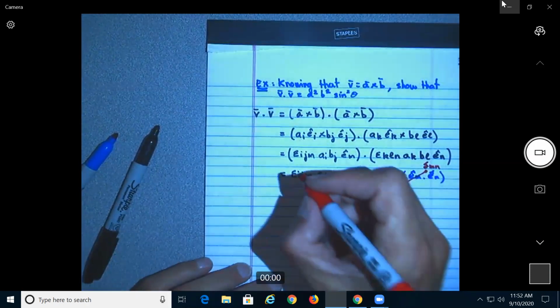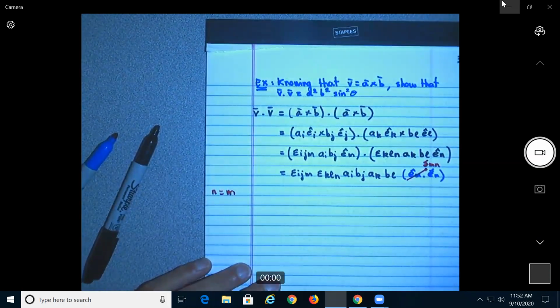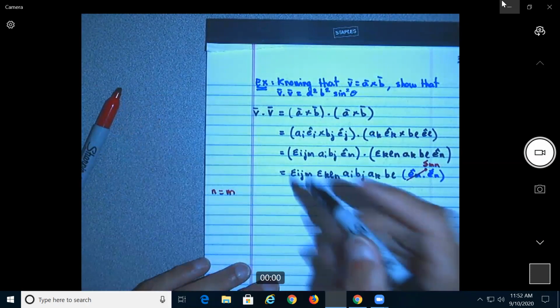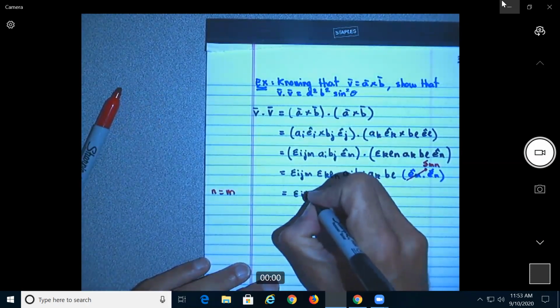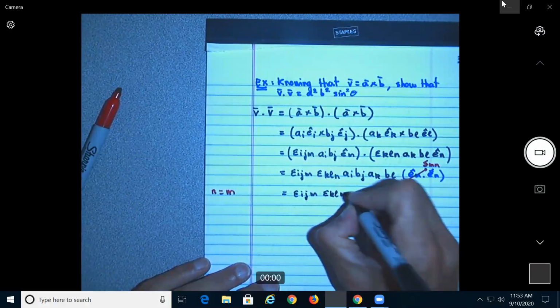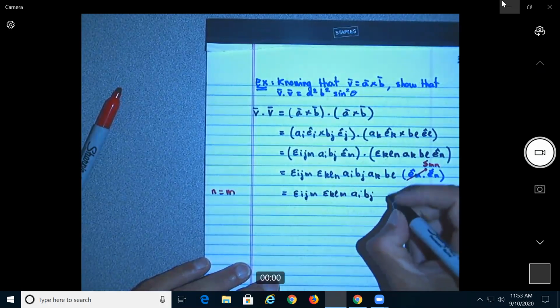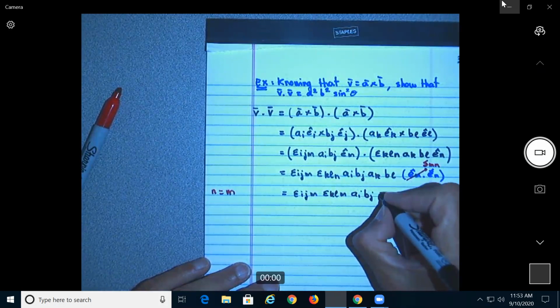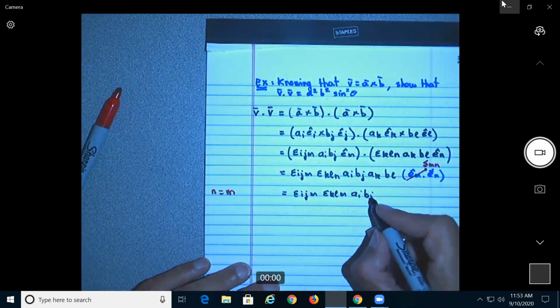So let's say for n equal m, so this will give what? Epsilon ijm epsilon klm, A sub I, B sub j, A sub k, B sub l, nothing changes here.